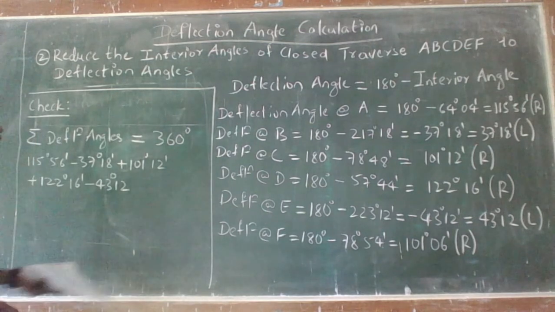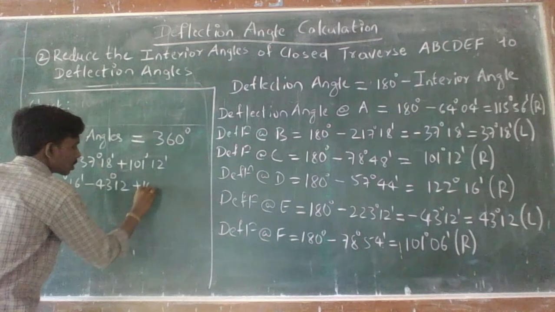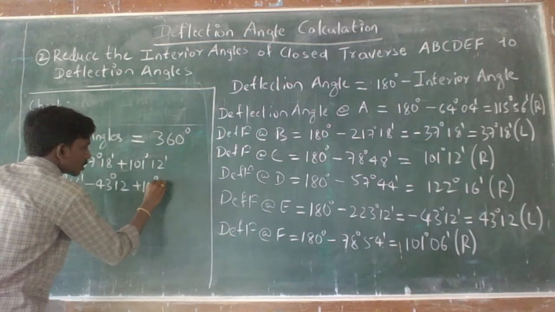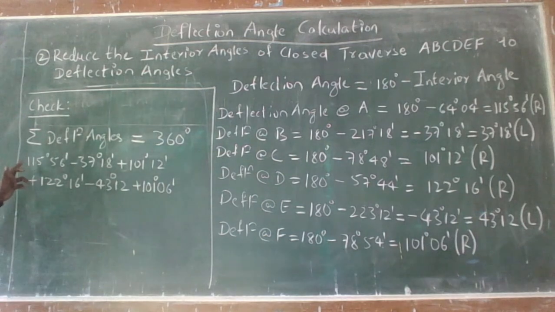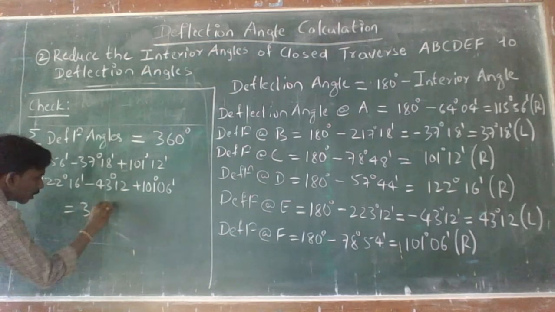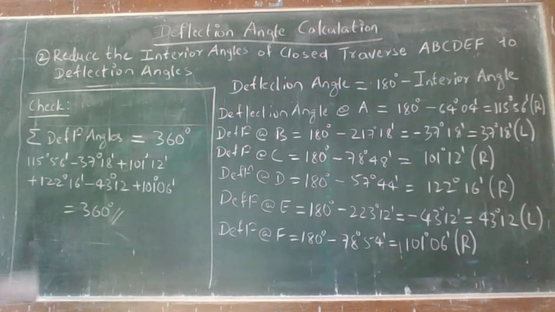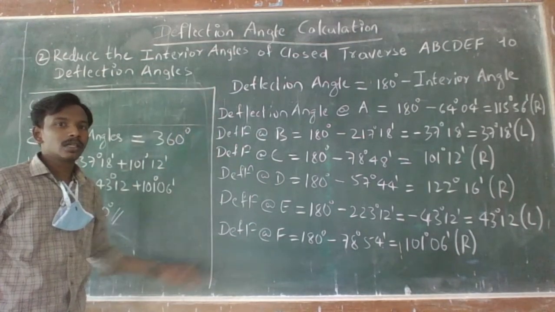The last deflection angle is towards right side, so use the sign plus, and the angle is 101 degrees 6 minutes. Now calculate the values. The algebraic sum of these values will be equal to 360 degrees. If it is equal to 360 degrees, then the calculated deflection angles are correct.